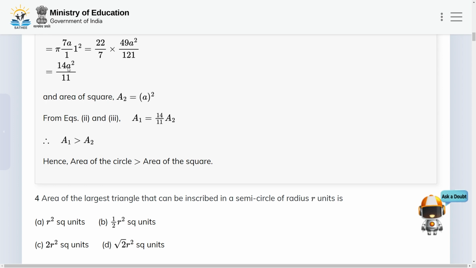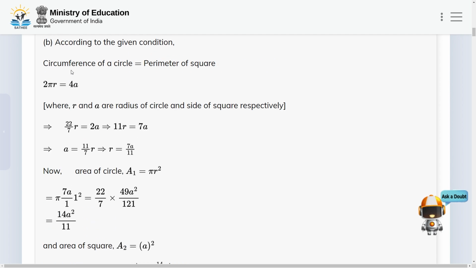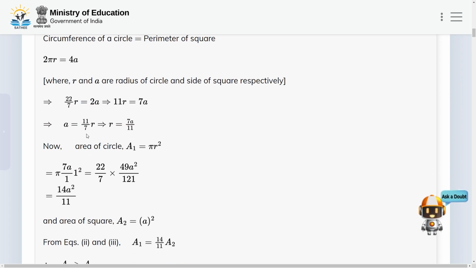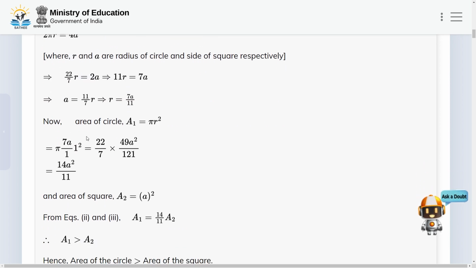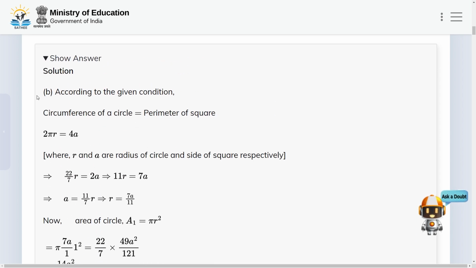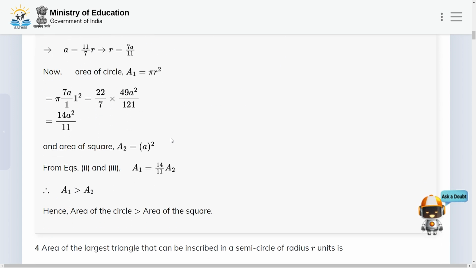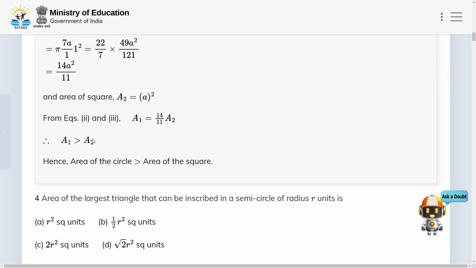And the area of the square, A2, is equal to A square. Now from equations 2 and 3, A1 is equal to 14 by 11 times A2.